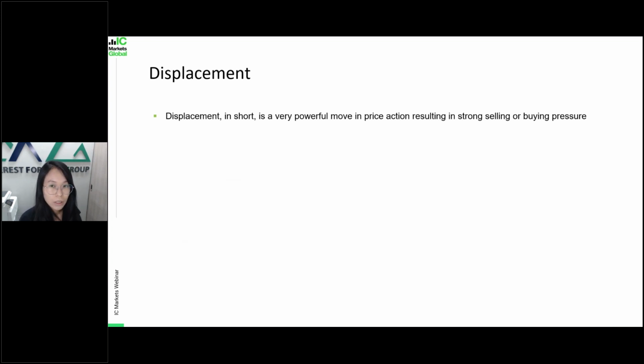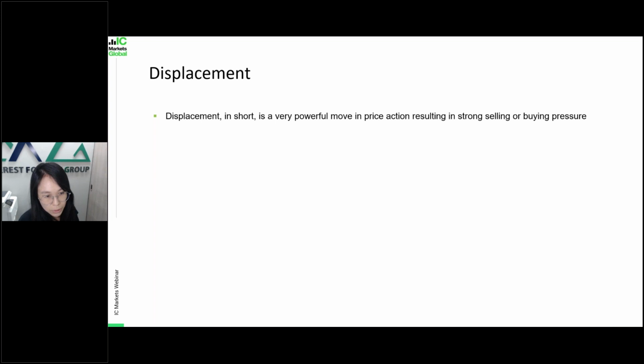Okay, so next is displacement. Displacement, in short, is a powerful move in price action resulting in strong selling or buying pressure. Generally speaking, displacement will appear as a single candle or a group of candles that are all positioned in the same direction.